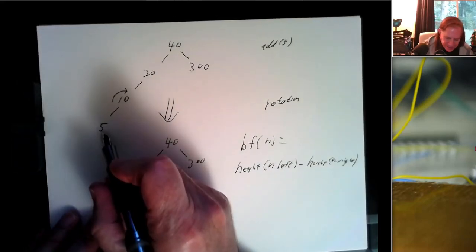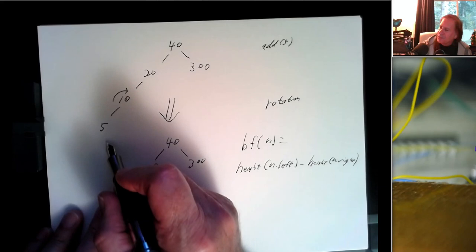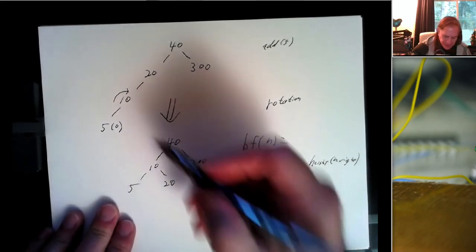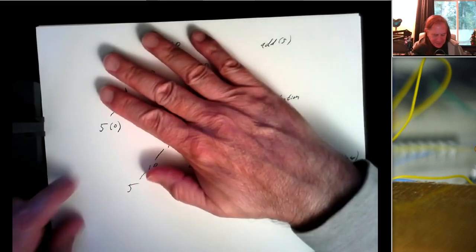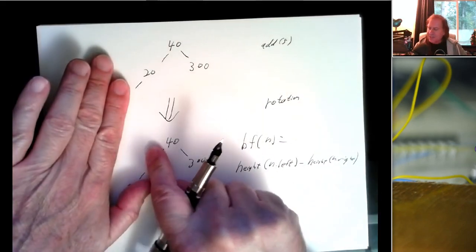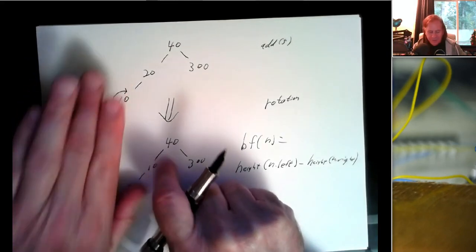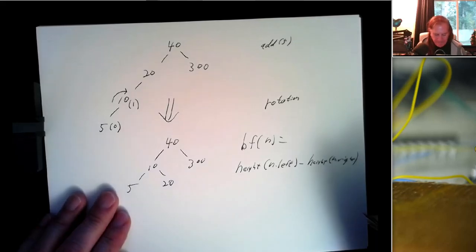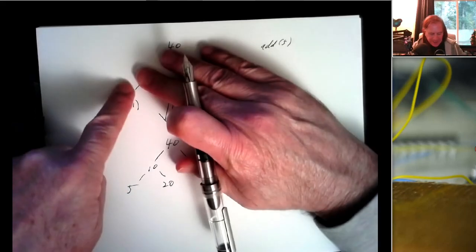So this 5 down here, left and right subtrees are null. They both have height minus 1. The difference is 0. This 10, the left subtree looks like this. This has a height of 0. The right subtree looks like this. That's a height of minus 1. 0 minus minus 1 is 1. This 20, the left subtree is this.